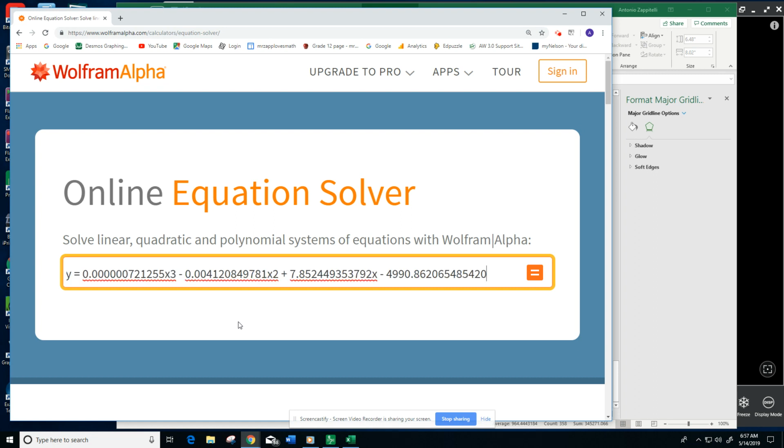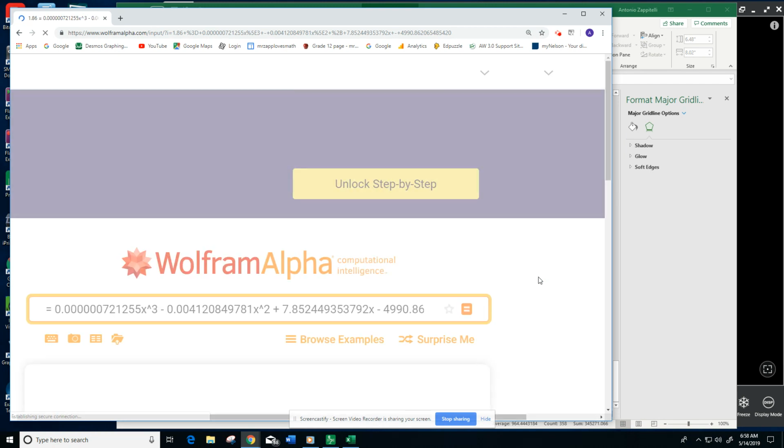I'm going to put my equation. As before, I have to input those exponent signs, so x squared and x cubed, my Shift 6 to get my hat. And now I'm going to replace my y value by 1.86, and just press equals, and this is going to do all the work for us.